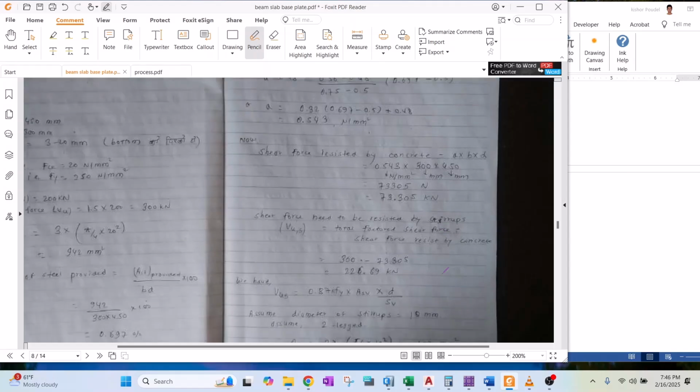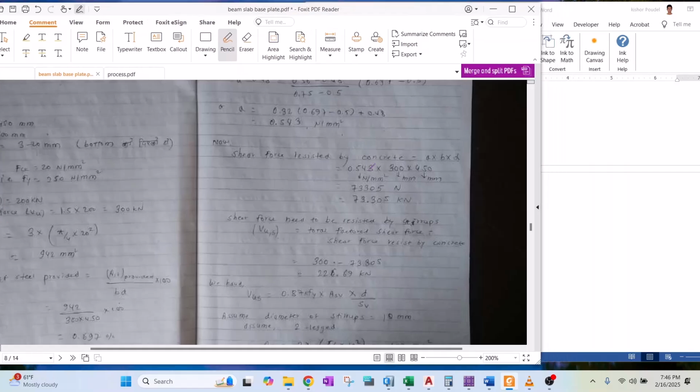Okay, so overall in an RC beam, the total shear force is resisted by a combination of concrete and stirrups. On the basis of the percentage of longitudinal reinforcement provided, the shear capacity of the concrete is different, and you can use the tabulated data in the standard code to find the exact value of the shear capacity of the concrete.